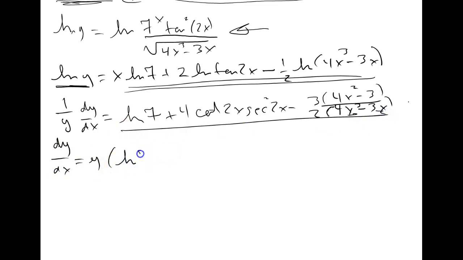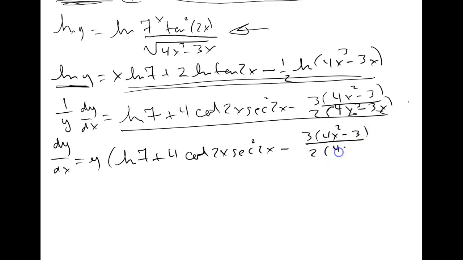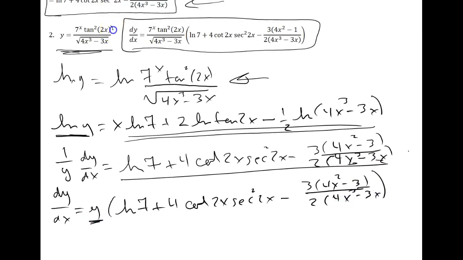So it's going to be the natural log of 7 plus 4 cotan 2x secant squared of 2x minus this term, 4x squared minus 3 all over 2 outside of 4x cubed minus 3x, all in bracket. And now I have to substitute in for y. And y is simply the original function that we had. So this goes in here.